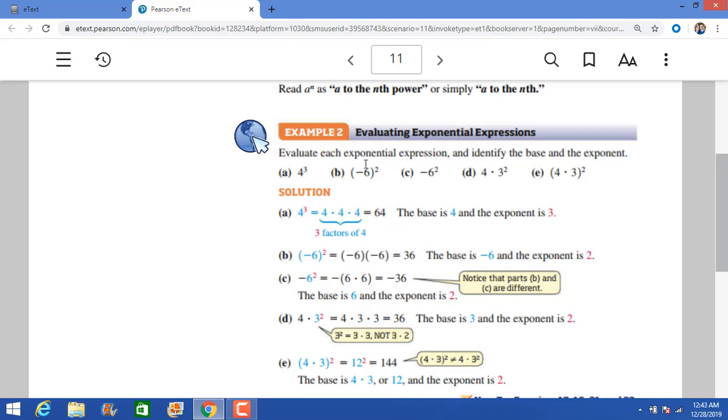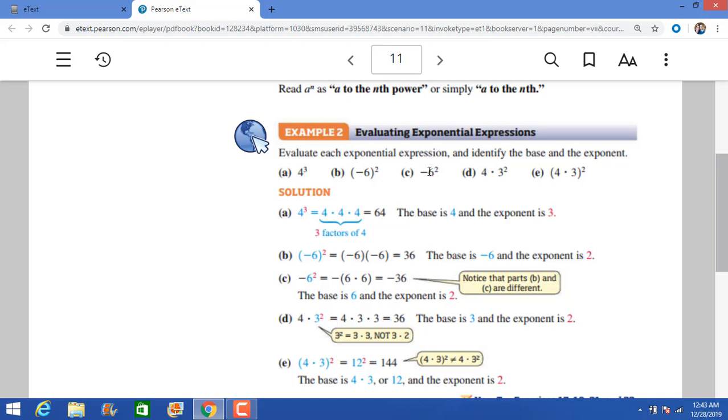And then -6 quantity squared. Now this negative sign is inside the parentheses, so it's very important to remember this. We're taking -6 and raising it to the power of 2. So this is -6 times -6, which is a positive 36. Now if we look at C, there are no parentheses, and the negative sign is there, which means the negative sign is not included in the power.